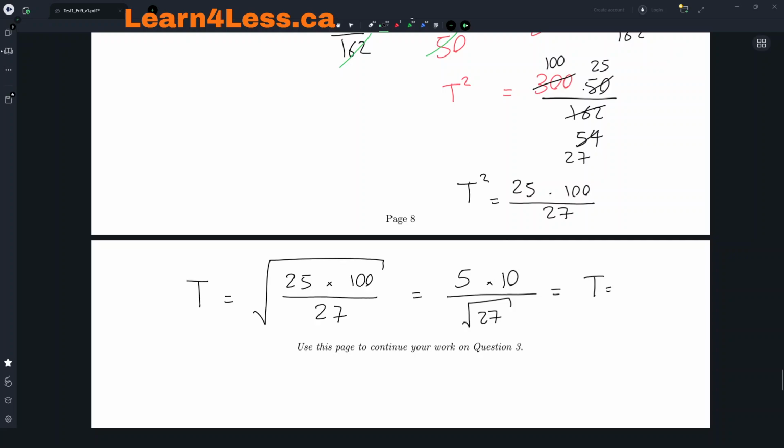So the time would be 50 over square root of 27. And the reason that I could distribute the square root is everything here is multiplication or division. So if I had a plus sign, I couldn't do that. So at the final point, this would be the overall time, how long it takes for runner B to finish the race.